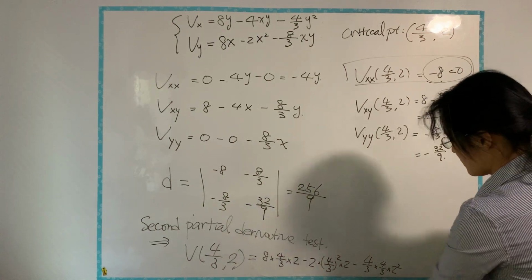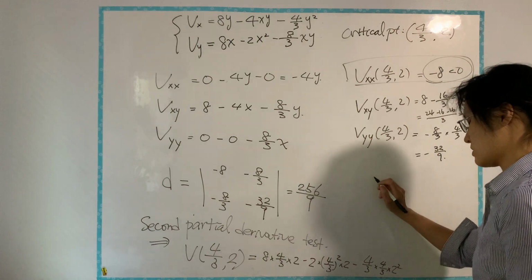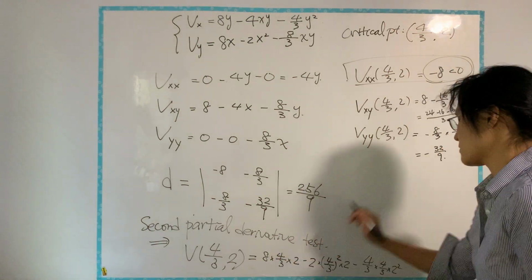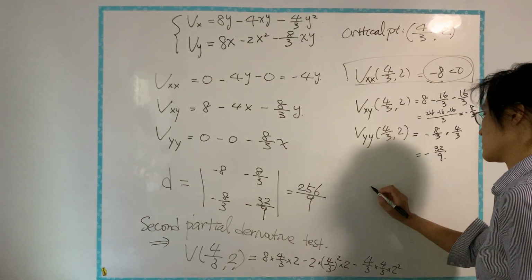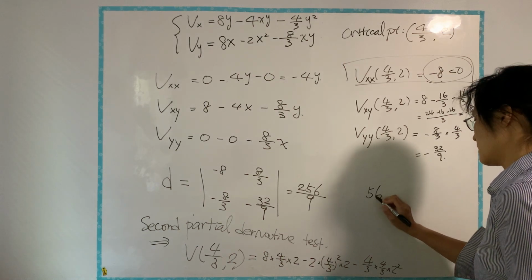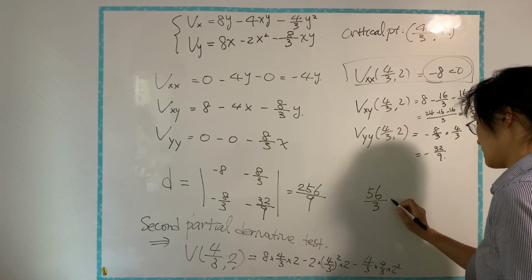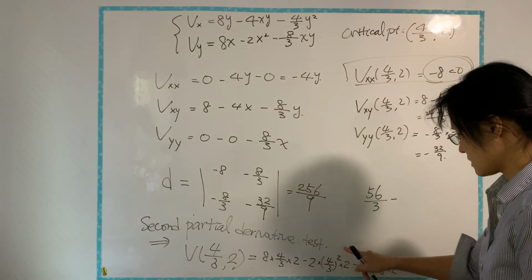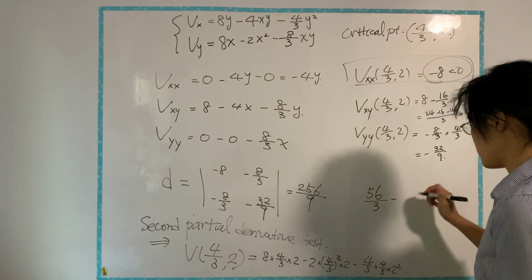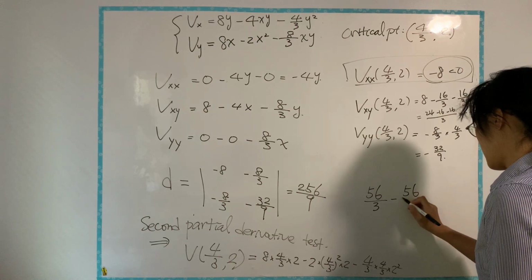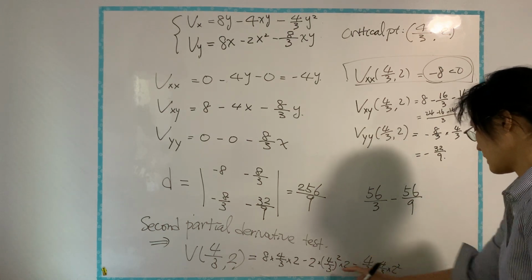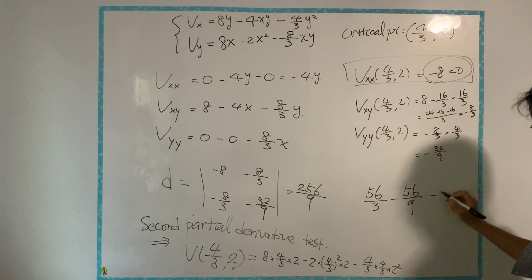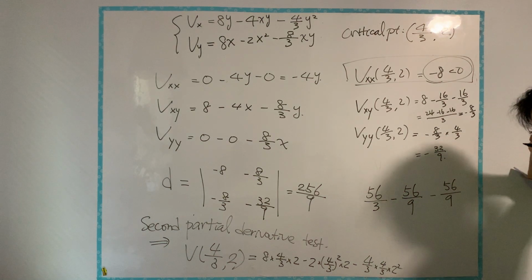Let me just compute this on the side. So this is 16 times 4, 16 times 4 minus, this is 16 times 4 over 9 minus this.